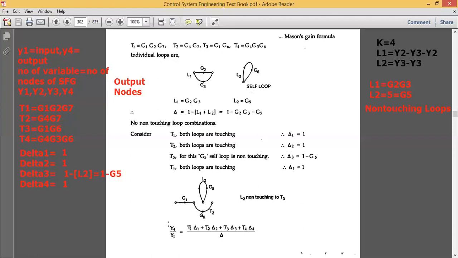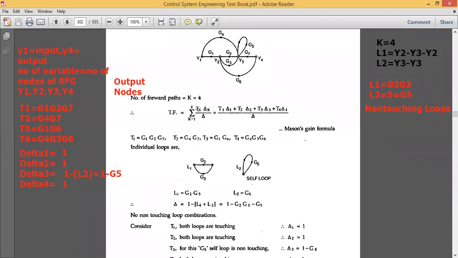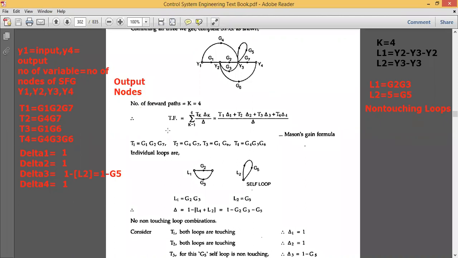Then find the transfer function now. The transfer function is nothing but the Mason's gain formula. So using this Mason's gain formula, simply you can go for finding the value of the transfer function. Here, you can see the Mason's gain formula is represented by summation ranging from k is equal to 1 to 4, because we have the value of k equal to 4. So we take it as 1, 2, 3 and 4. So Tk into delta k divided by delta.